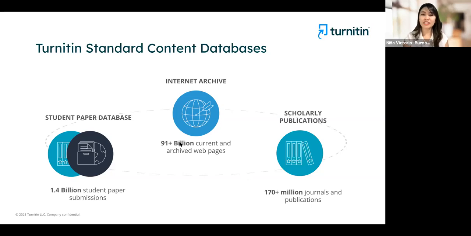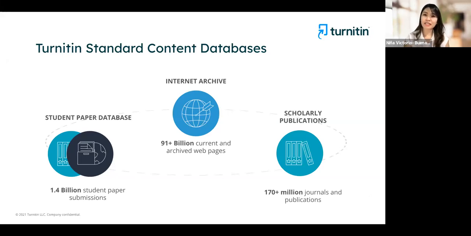Currently, we have more than 91 billion current and archived web pages. Note that this is current and archived, meaning even if the content does not exist as of now, we will still be able to find the match because it has already been crawled and stored in our Internet Archive database.